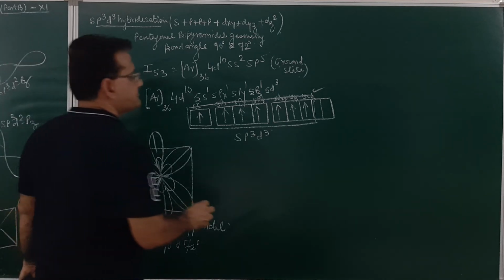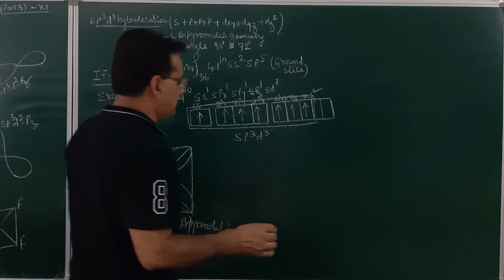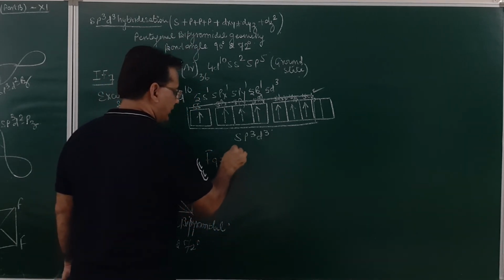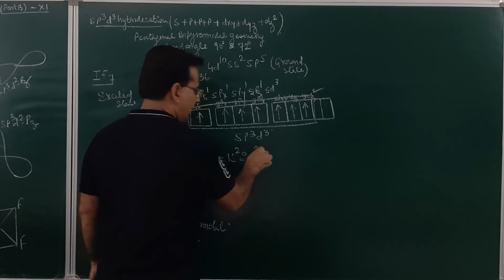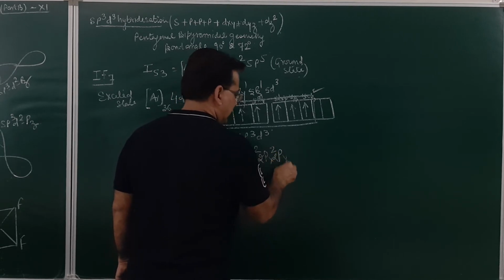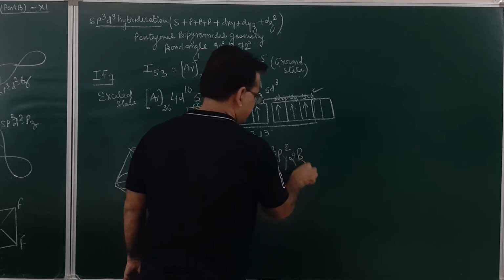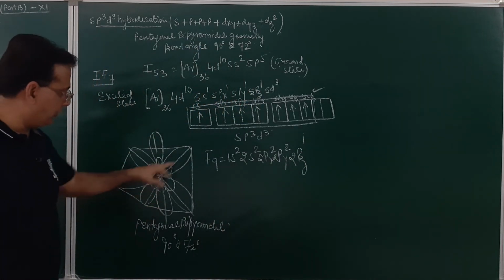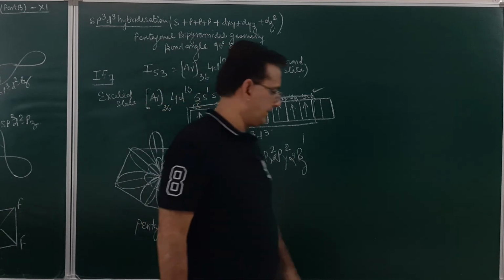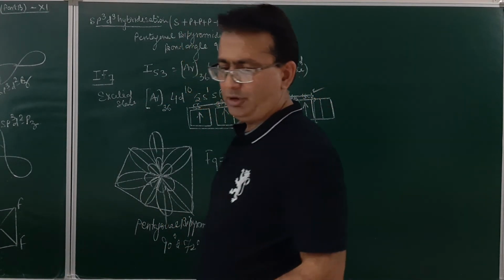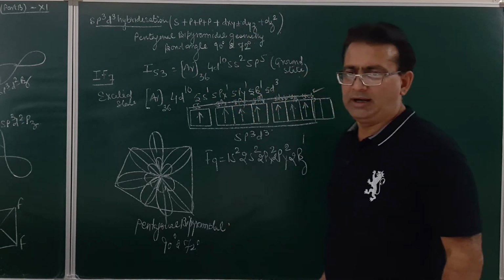Now fluorine. Fluorine's atomic number is 9. Configuration will be 1s2, 2s2, 2px2, 2py2 and 2pz1. Here again this bond will be axial, this will be equatorial. The pz atomic orbital, which is dumbbell shaped, will orient itself so as to form a bond.